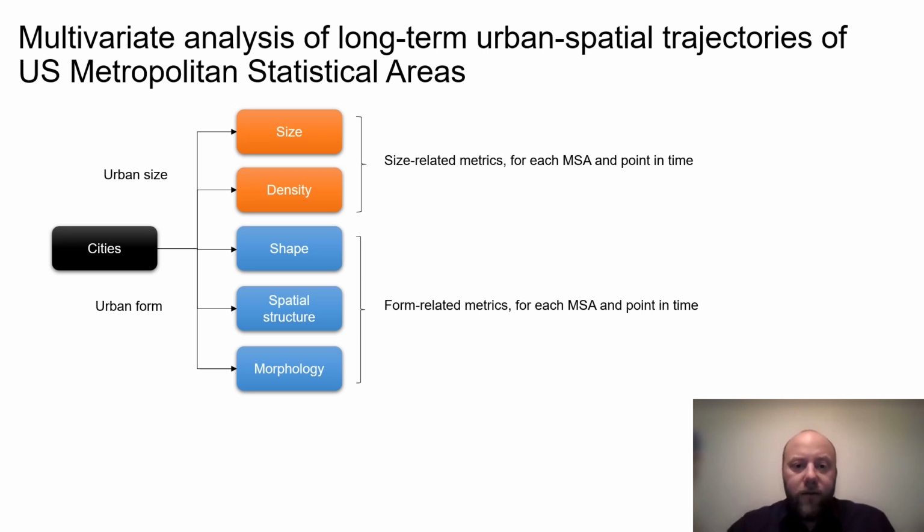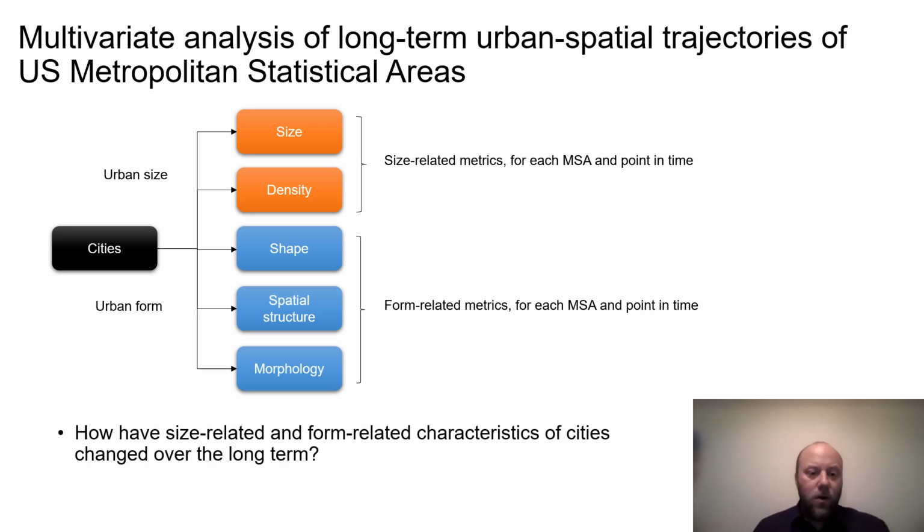So we can derive size-related metrics for each MSA, so for each metropolitan statistical area, and for each point in time. At the same time, we can derive landscape metrics that measure form or the spatial structure of a landscape. We can also do this for each MSA and for each point in time. So we're able to generate a multivariate time series for each city.